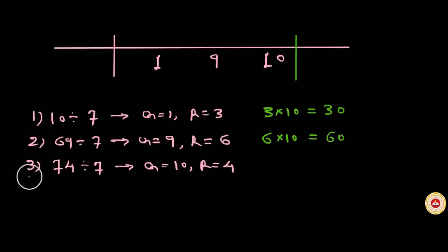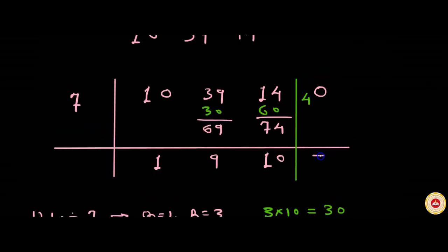Step number 4: gross dividend 40 divided by 7. Quotient is 5, because 7 fives are 35 and remainder is 5. So write quotient 5 below gross dividend 40 and increase one 0 again to write remainder 5 as a prefix to that digit. Now this 50 is the gross dividend.